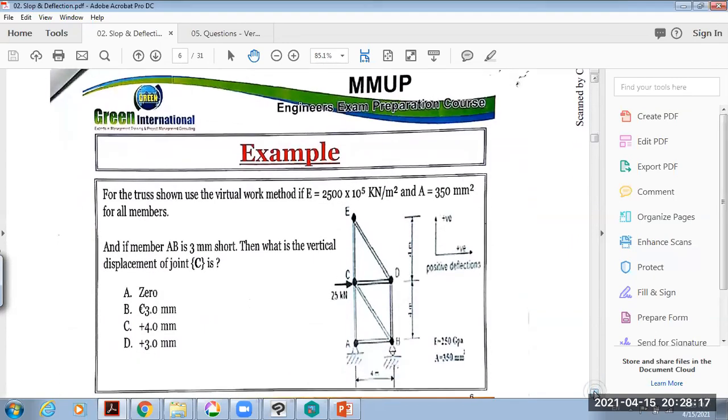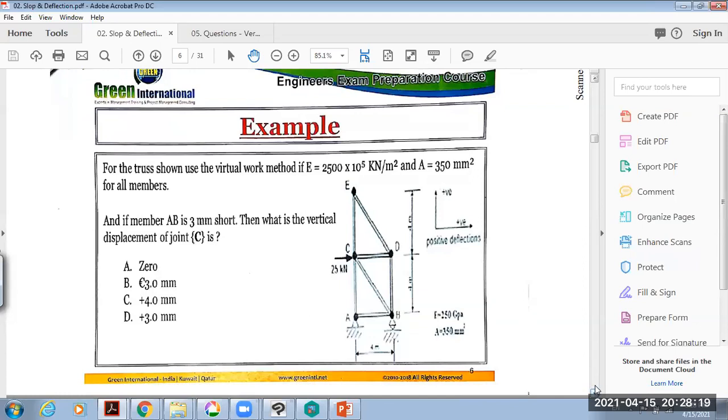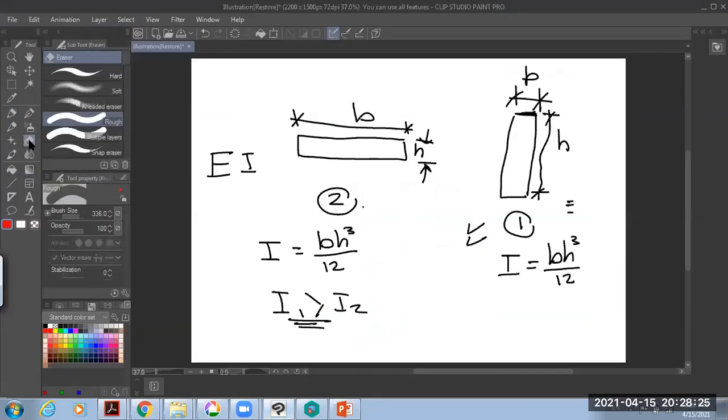Coming to our trusses here. Guys, I will just give you a hint for trusses when they deflect. Assume you have a truss.